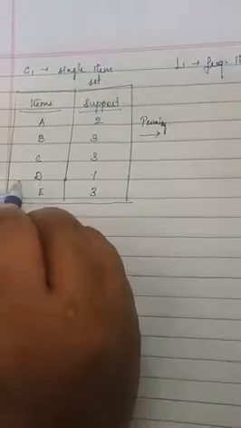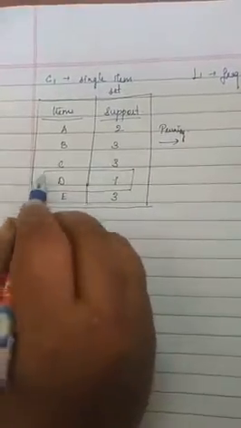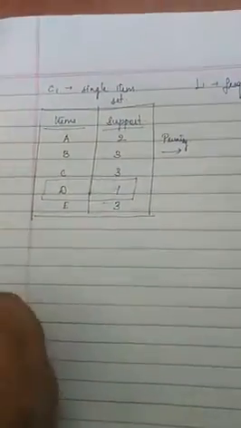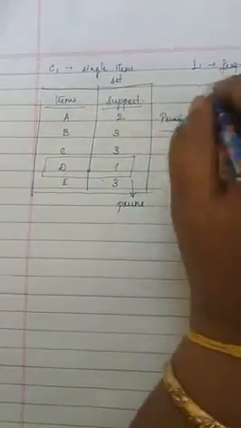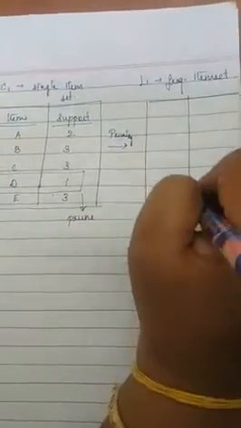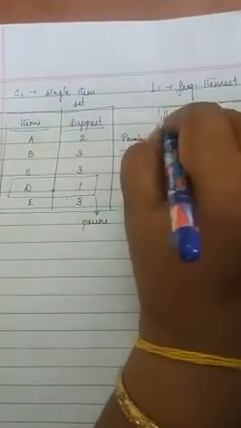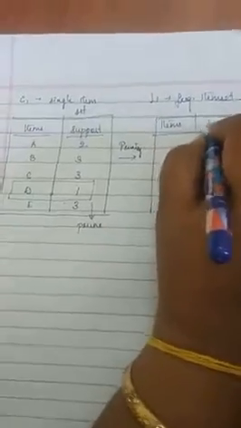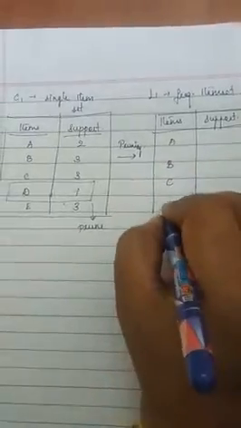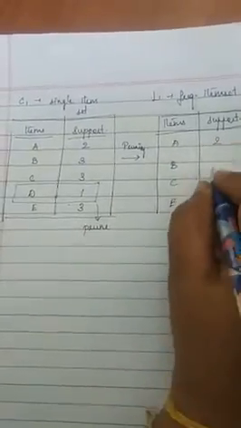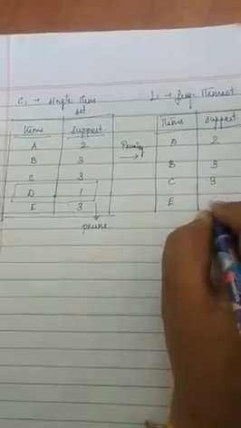D is equal to 1, which does not satisfy it. So we prune D and create the frequent item set L1, again with items and support: A, B, C, E with 2, 3, 3, 3.